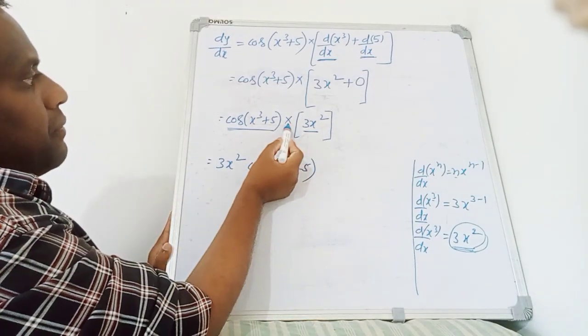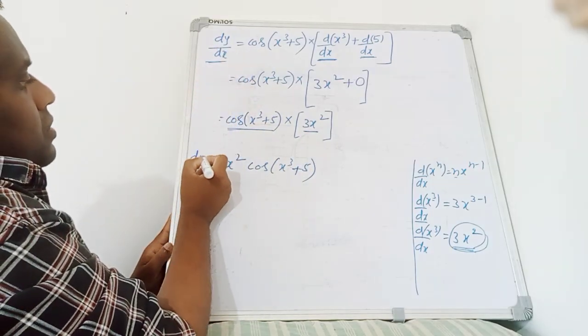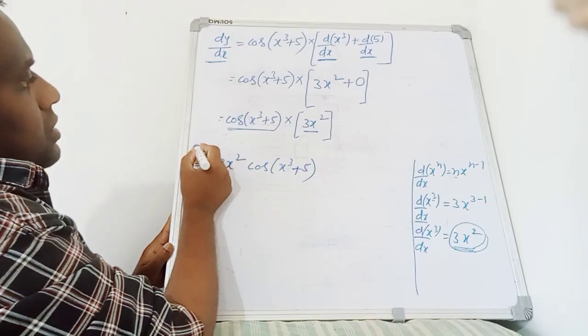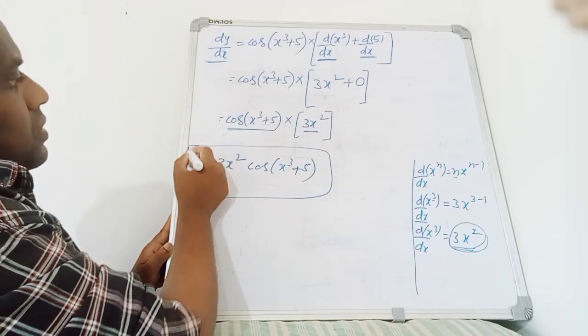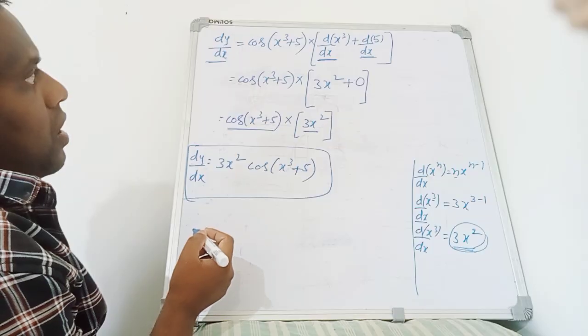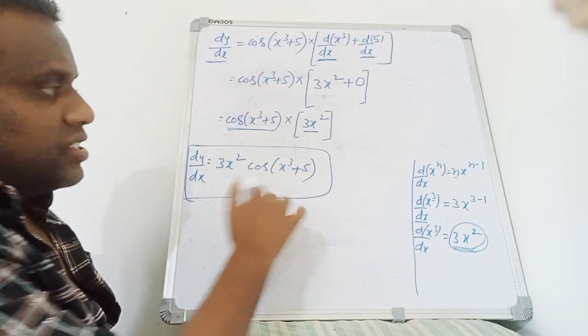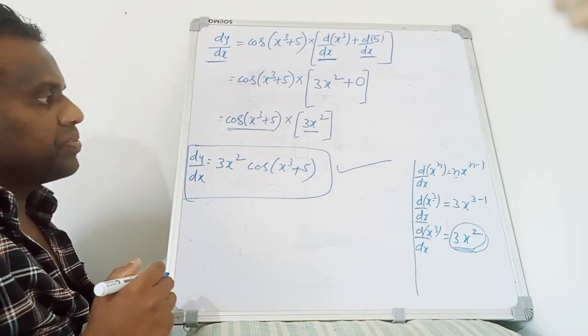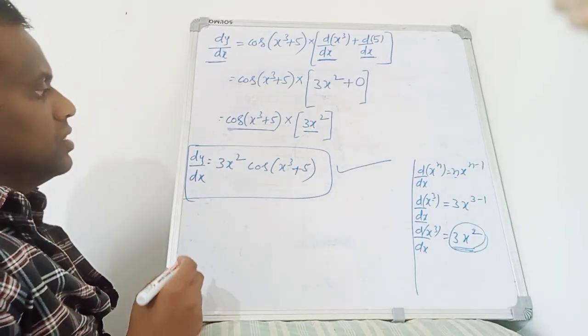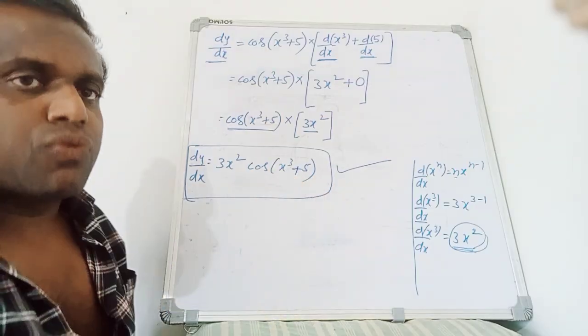Now this is the answer: dy by dx is equal to 3x square cos of x cube plus 5.